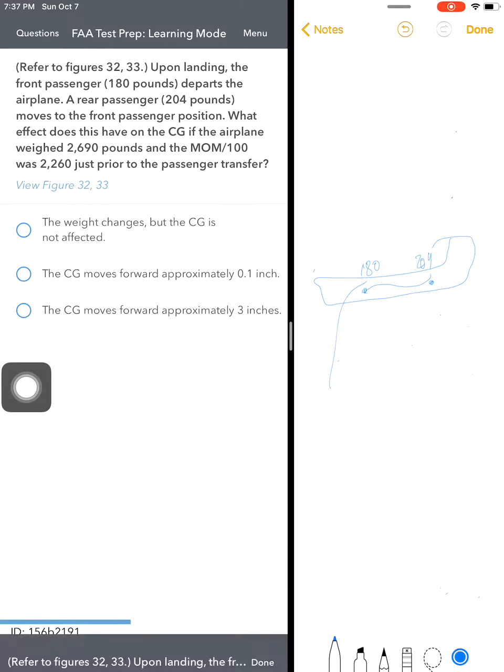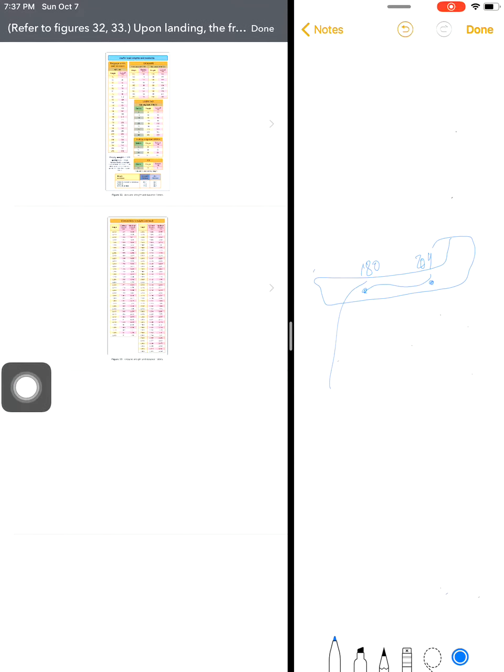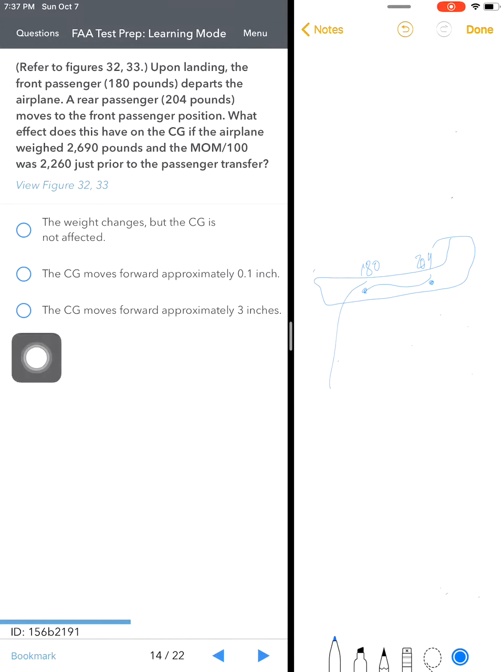It's the same thing: put the formula down, put this guy under front passenger, this one rear passenger, and then everything else will come in its place, and solve it that way.